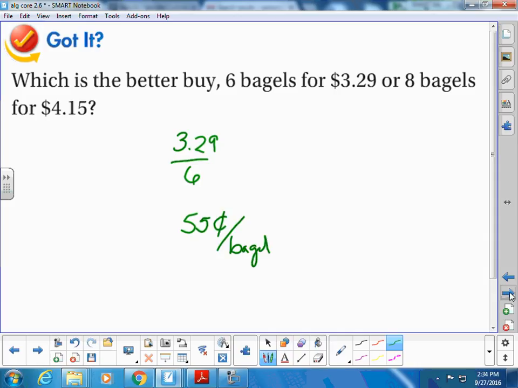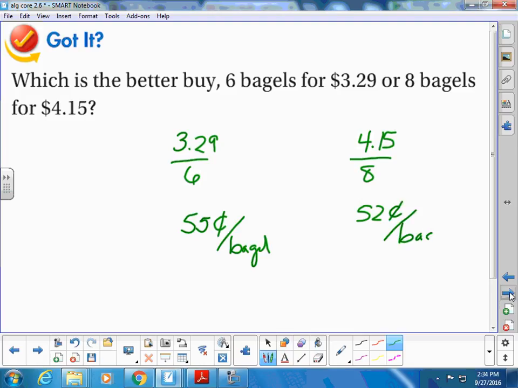And over here, for $4.15, I can have 8 bagels. So $4.15 divided by 8 gives me 51.8, or let's round it up to 52 cents a bagel. So 52 cents per bagel.